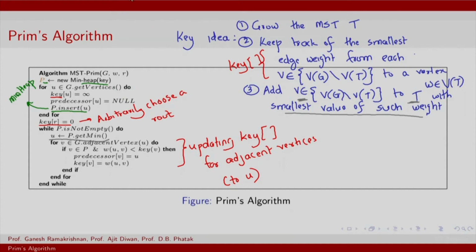We also do a small bookkeeping here through the predecessor. The predecessor array is what gives you access to the edges that are included in the minimum spanning tree.